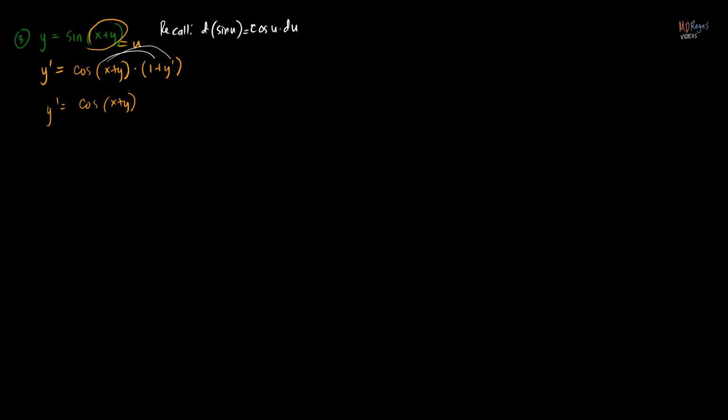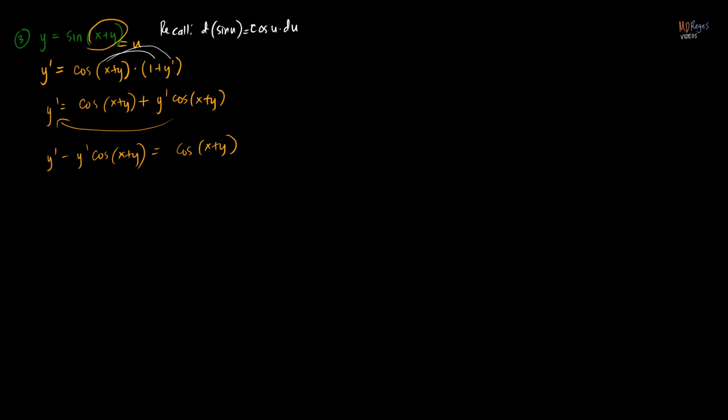Take note that x plus y is the angle of the cosine function, plus y prime times cosine of x plus y. Now, combining terms with y prime, we'll transpose this to the left side. So y prime minus y prime times cosine x plus y equals cosine of x plus y.